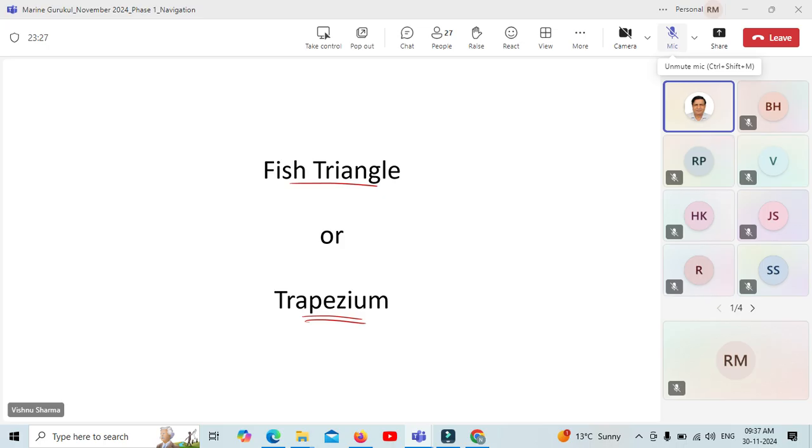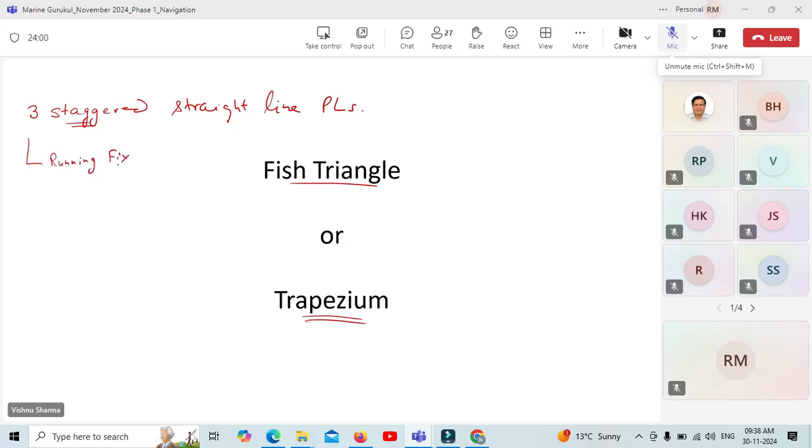Now, when is this method to be used? In this case, you will have three staggered straight line PLs. Now, guys, you will say, sir, when I have staggered PLs, I will apply running fix.